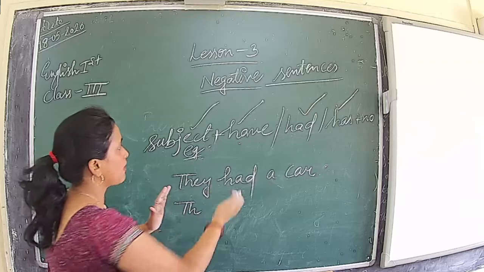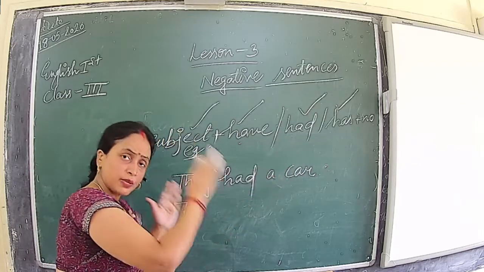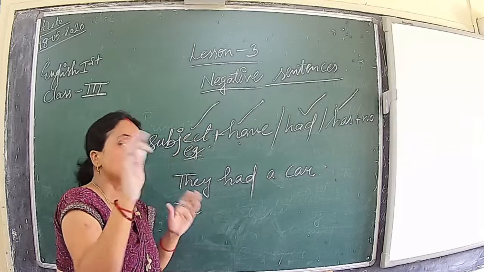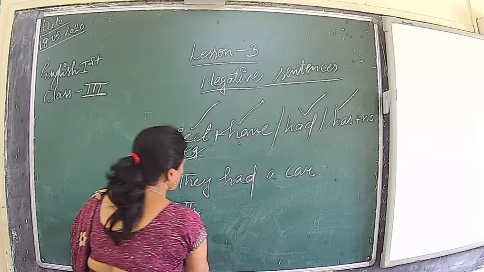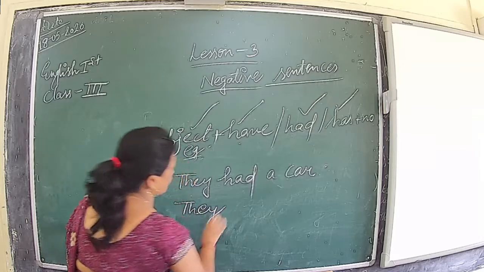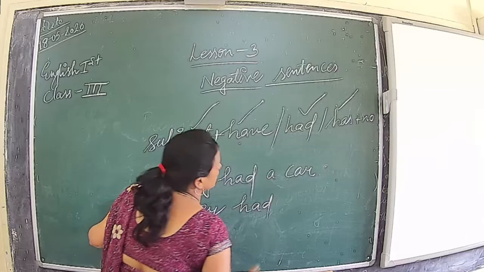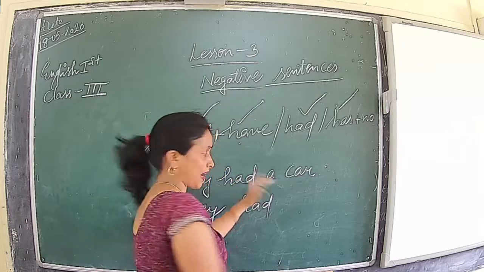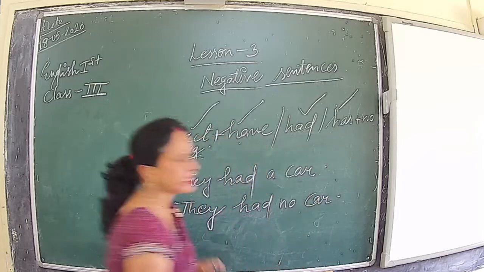No. After have, has or had. Subject, have, had, has plus no. Only this much we have to use, nothing else. So, they had what? They had a car. They had no car. Very easy.